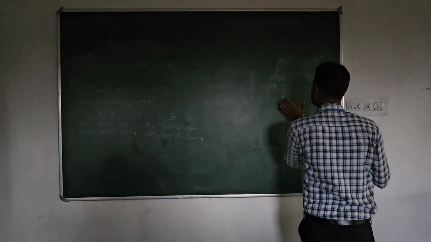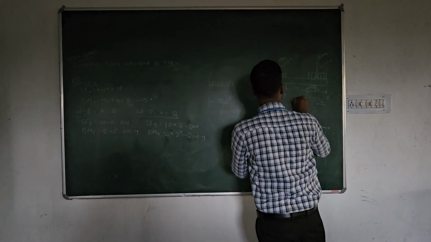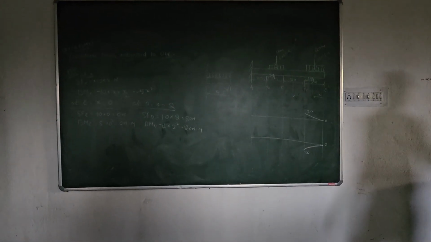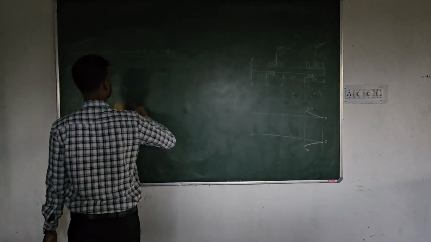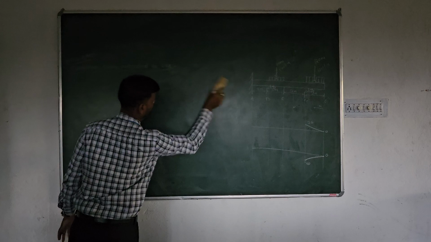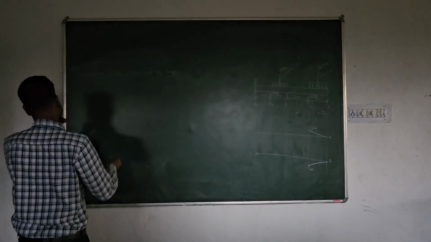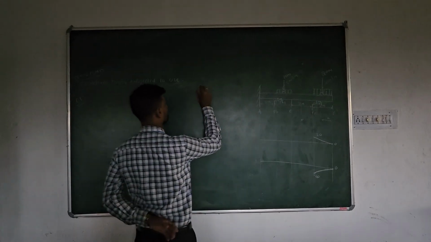Next, we will come to the section CD. For section CD, we will take a cross section XX here. We will draw this one.